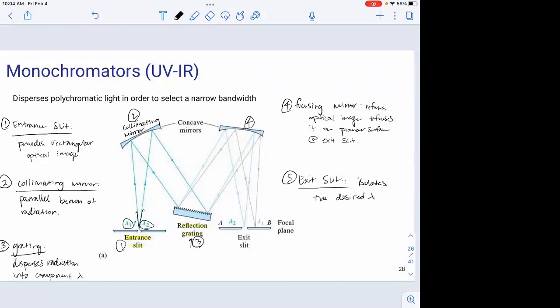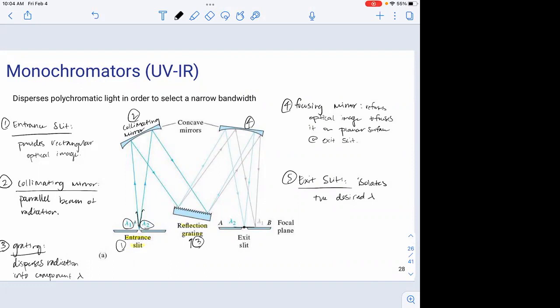Because the focusing mirror is collecting all of the light of a particular wavelength at a particular point on that focal plane, you can imagine that if I just rotated this focusing mirror, keeping the center point immobile, I could move this point across the focal plane.